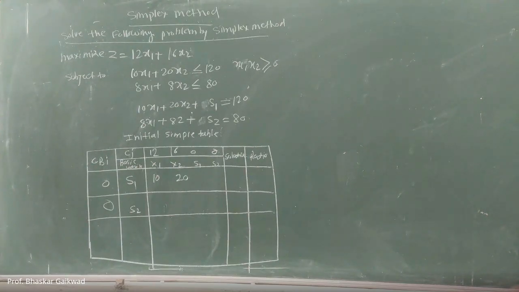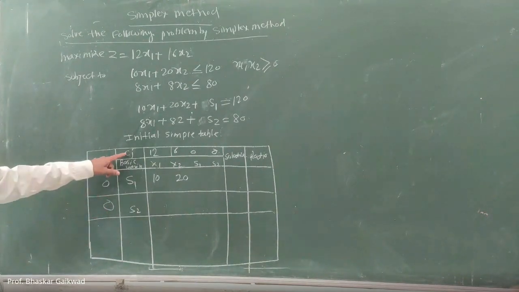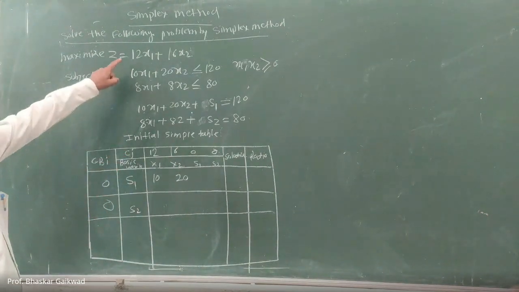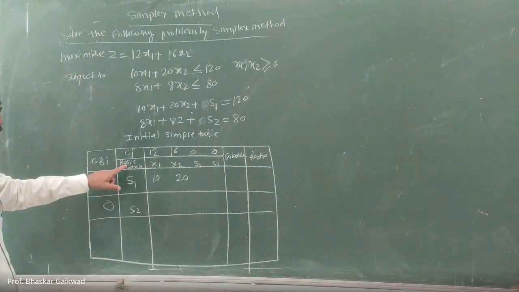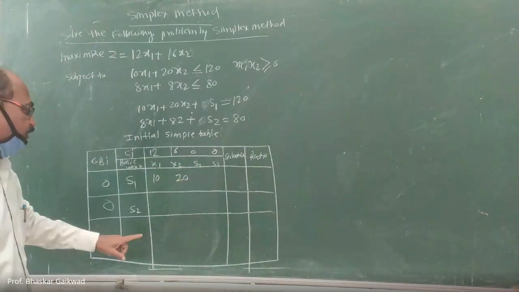Okay. Now from the above equations, I have made one table. In this table, this is the basic variables, and this is the coefficient of the basic variables. It is given here.